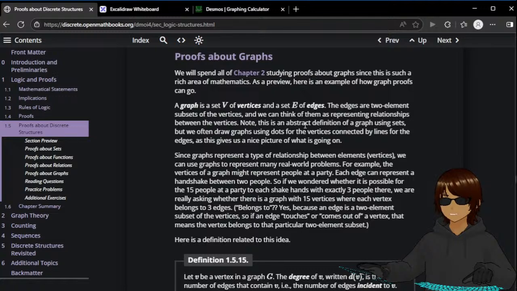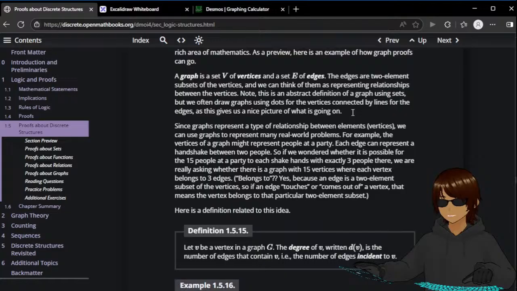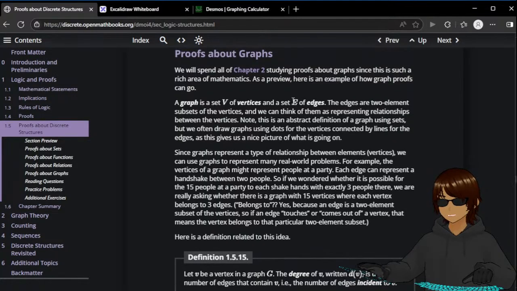Note that this is an abstract definition of a graph using sets, but we often draw graphs using dots for the vertices connected by lines for the edges, as this gives us a nice picture of what is going on. Since a graph represents a type of relationship between elements, we can use graphs to represent many real world problems. So a graph is a relation, right? A relation between vertices and edges. Maybe?